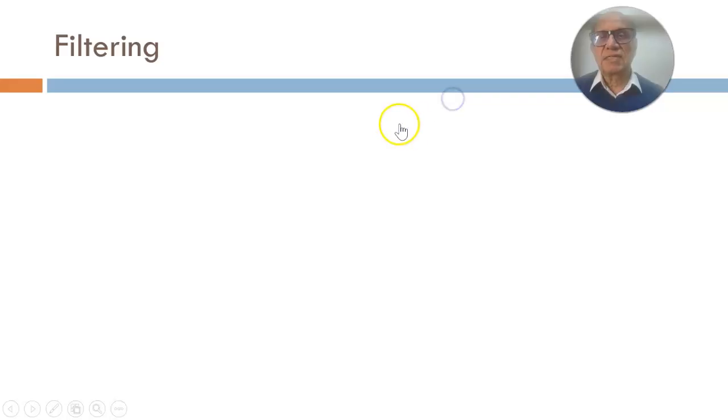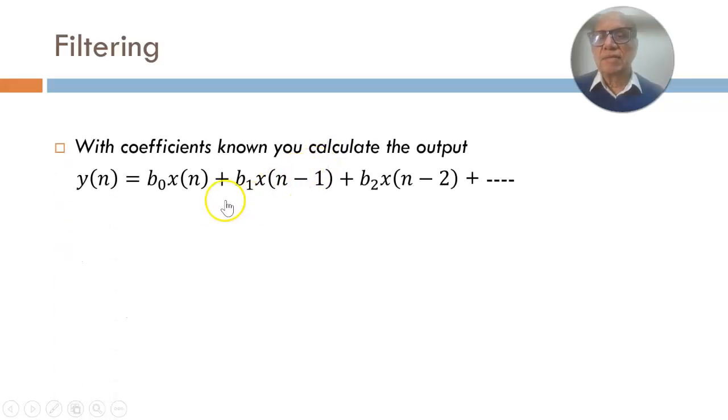Okay, so let us start. Filtering basically means what? You have got the time domain relationship between the input, that is xn, and the output. And for the FIR filter, this is the equation that you have got between the output and the input using various coefficients and the delayed input values.